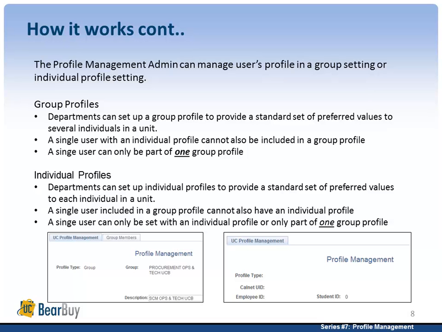There are also cases where there's a hybrid of both. Some individuals are set up in a group, while other individuals within that same department are set up with individual profiles. So it's up to the department and the profile management admin to determine which of the two should be used when setting up profiles for their department.